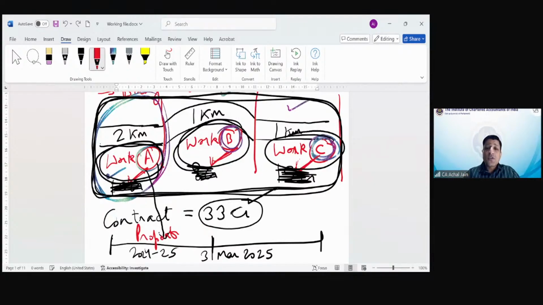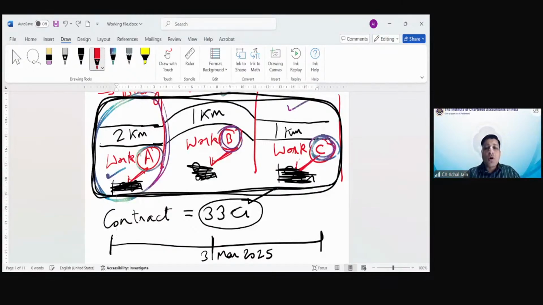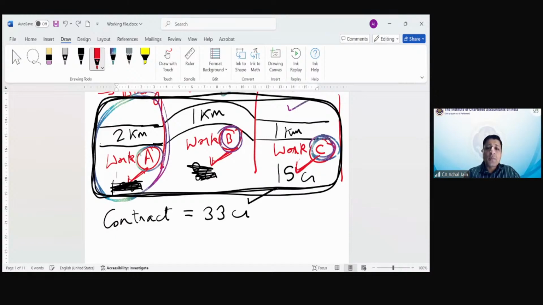In such a situation, even if there's a single contract for a combined amount of 33 crore, for the purposes of revenue recognition, you will not be able to go by this single contract for recognizing revenue on a proportionate basis.